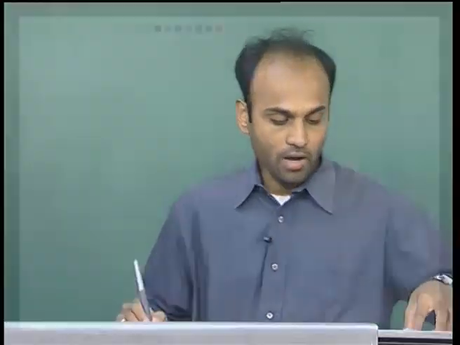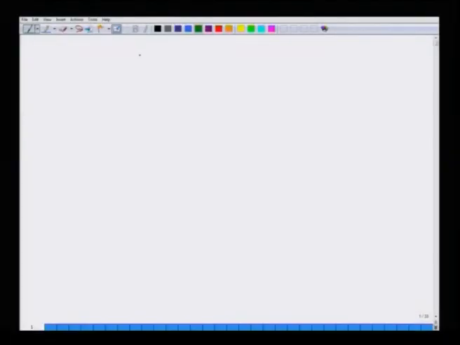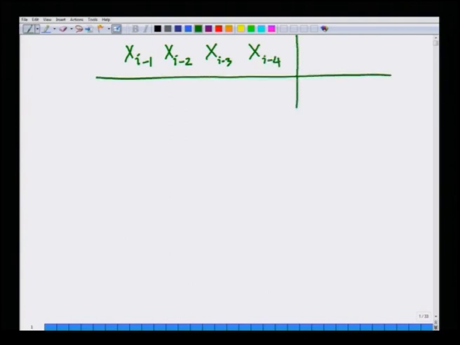All right. So, I will write here 4 columns: xi minus 1, xi minus 2, xi minus 3, xi minus 4, and xi is generated, remember, as xi minus 3 XOR xi minus 4.